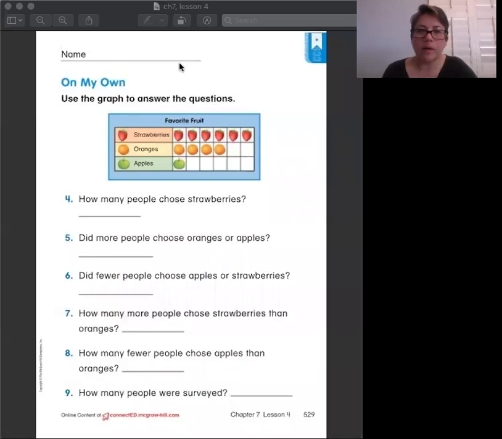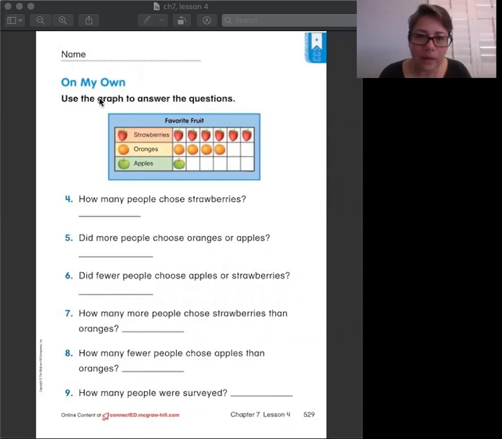All right, so this is a picture graph, and a picture graph shows pictures, and it shows you information. Picture graphs are pretty easy to look at, and they organize the information so that you can see how many people chose strawberries as their favorite fruit.